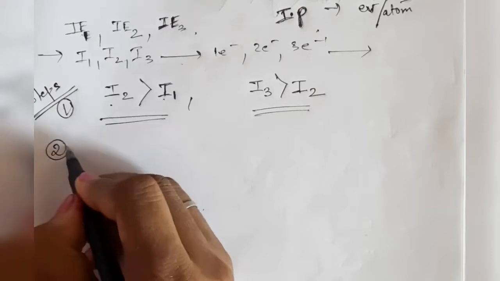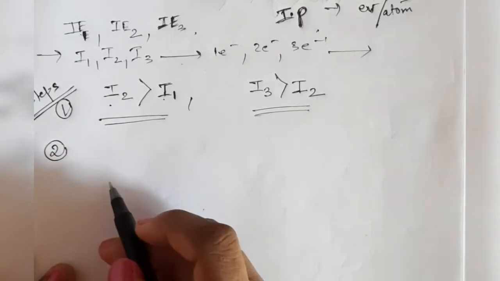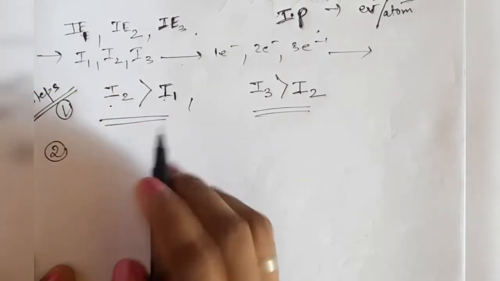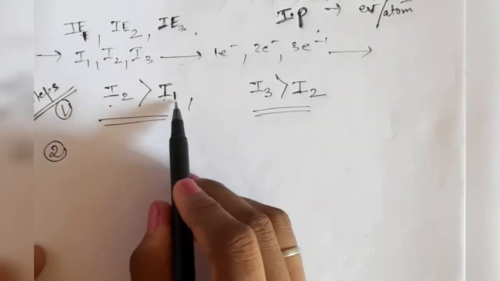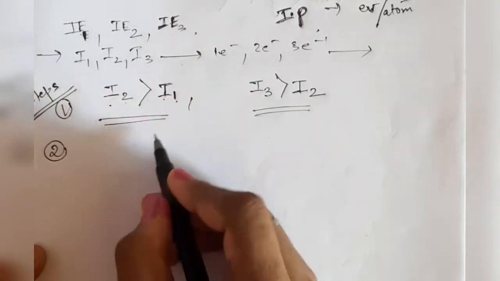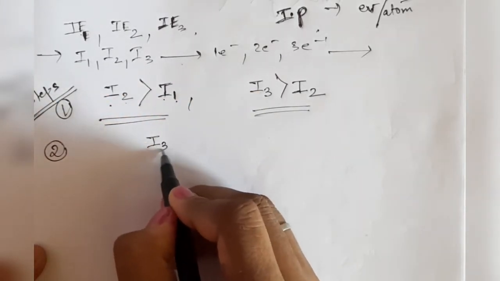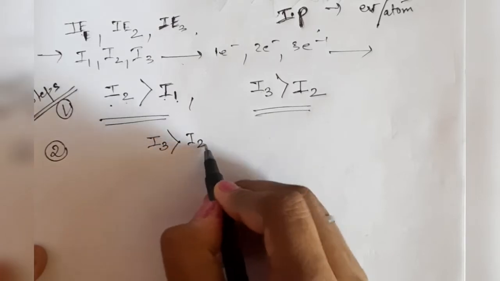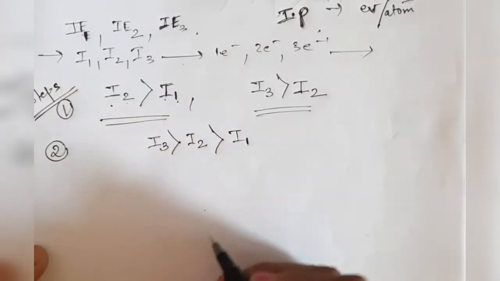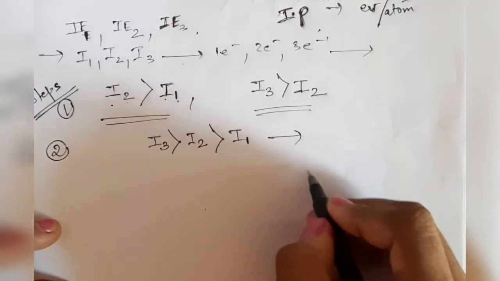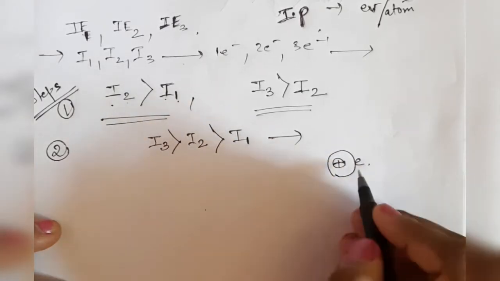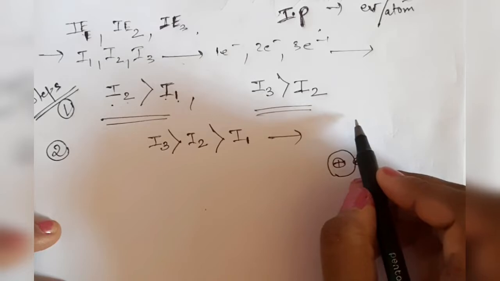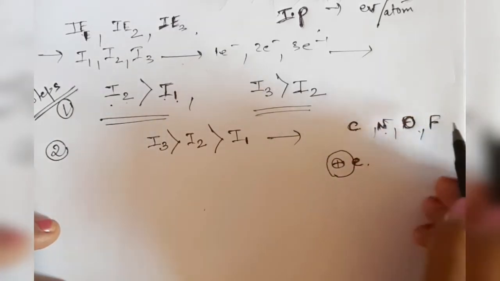Now the second thing is the reason for such an increase in ionization energy from the first electron to the second and to the third. Why is I3 greater than I2, which is greater than I1? Suppose we take fluorine.